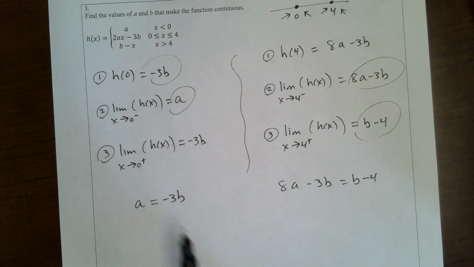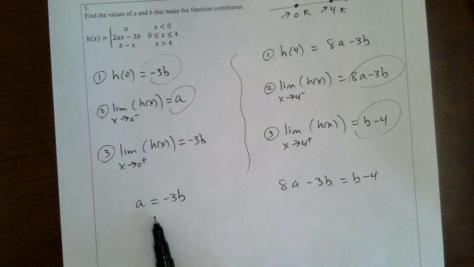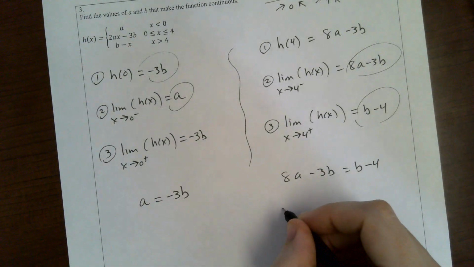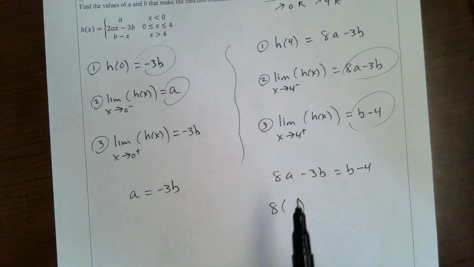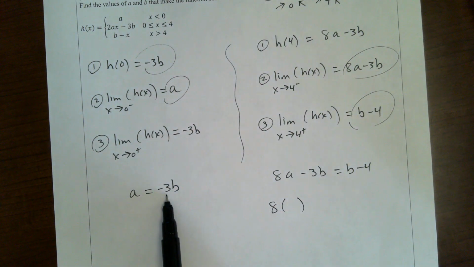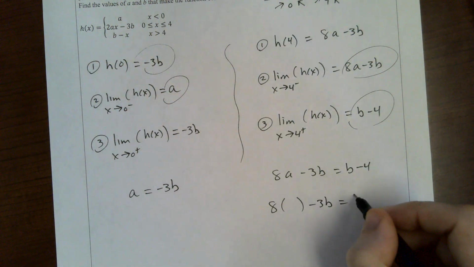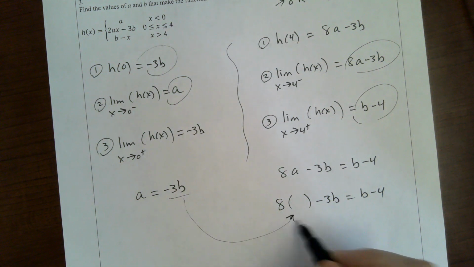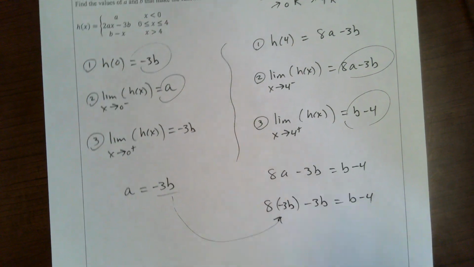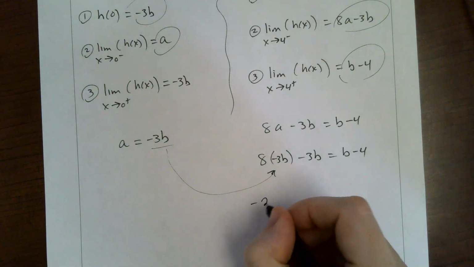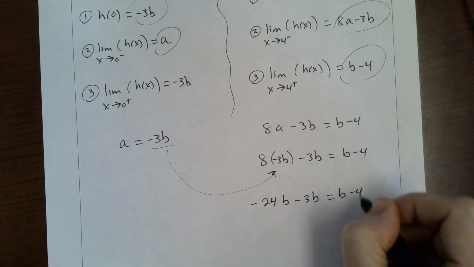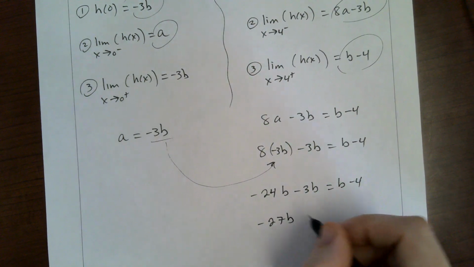Now, since you know over here that A is equal to negative 3B, anywhere that you see an A in the other equation, you could plug negative 3B in. All right, so that there is going to go in there, negative 3B. So negative 24B minus 3B minus 4, negative 27B.